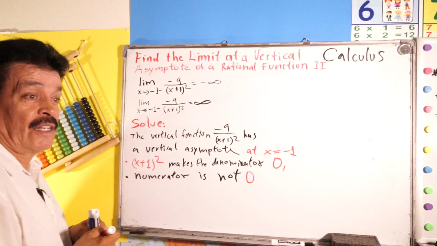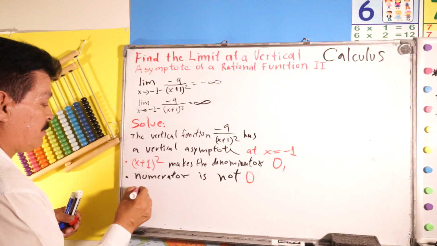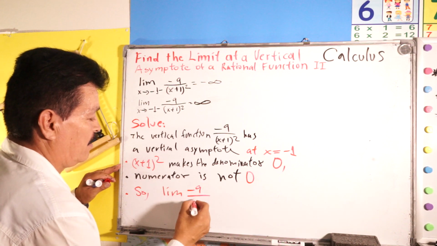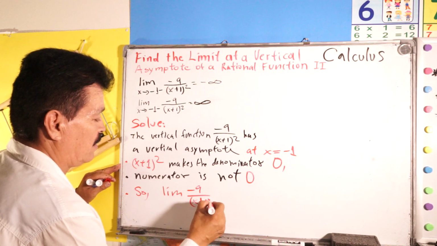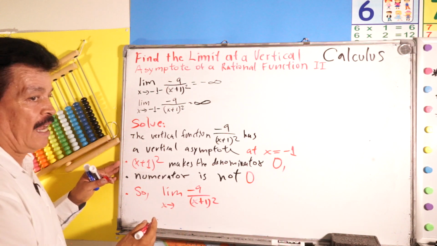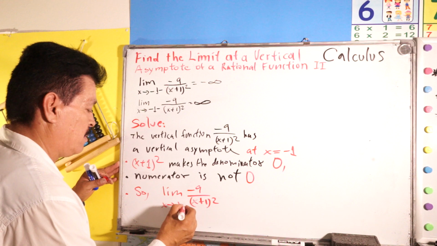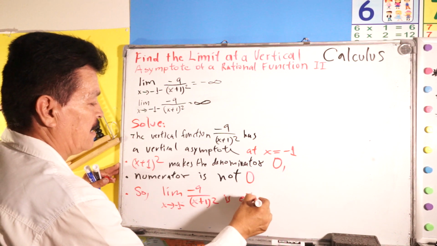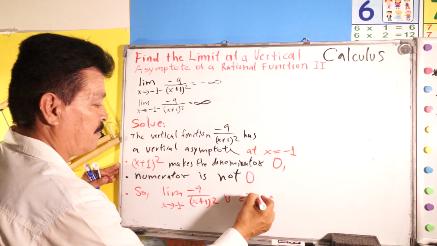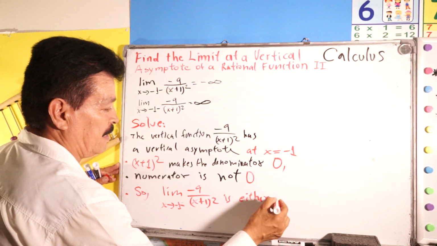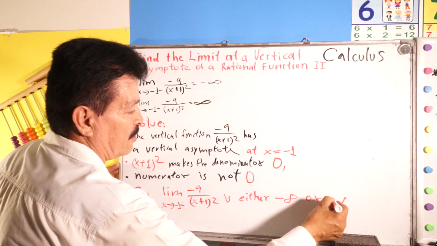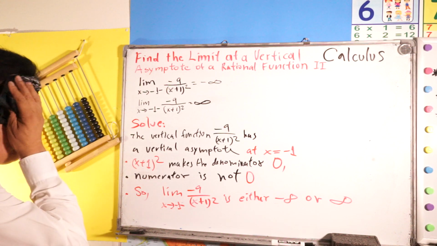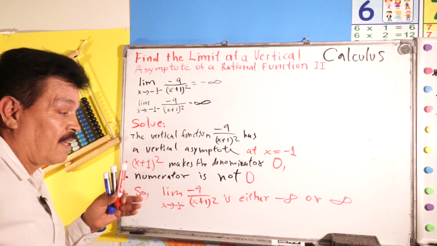See? This is another thing. So the limit of negative 9 divided by (x plus 1) to the second power when x approaches negative 1 from the left hand is either negative infinity or positive infinity. All right, so these are the main points to keep in your mind.